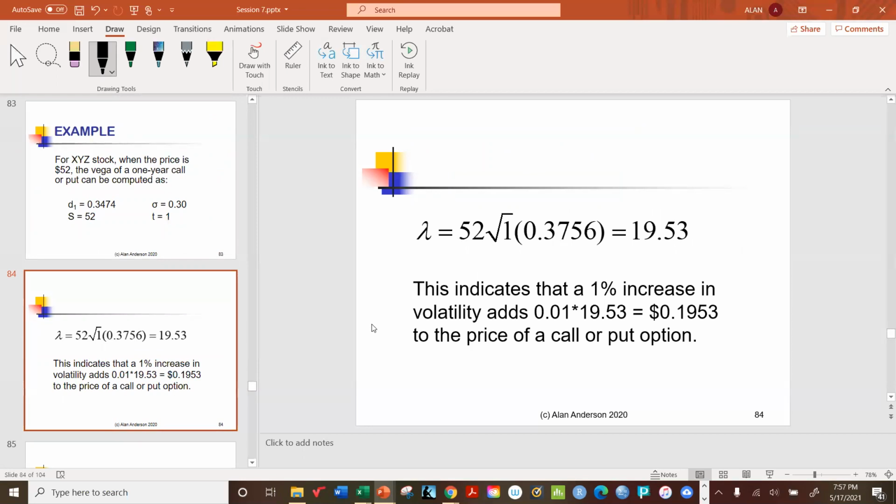That sounds like a large number, but what it actually means is that a 1% increase in volatility adds 1% of 19.53, or 19.53 cents, to the price of a call or a put. That's how we interpret that one. It's a little bit different than the other ones because it's based on percentages.